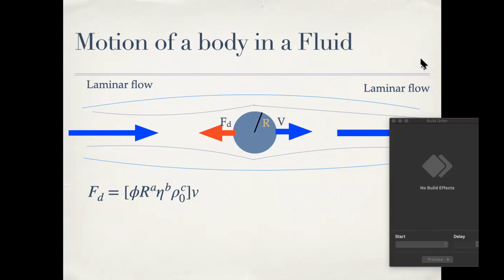When the motion of the sphere becomes faster and faster, then this resistance force will change and will depend, for example, on the square of the velocity.